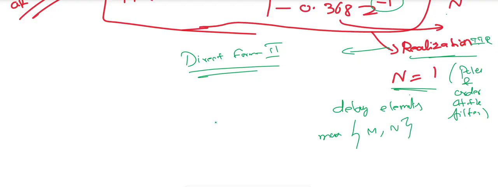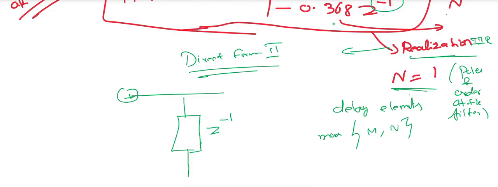So N is equal to 1 here, so only one delay element is required to realize this system. This is Z inverse. On the left-hand side, as I told, it is an all-pole system. What is the pole?